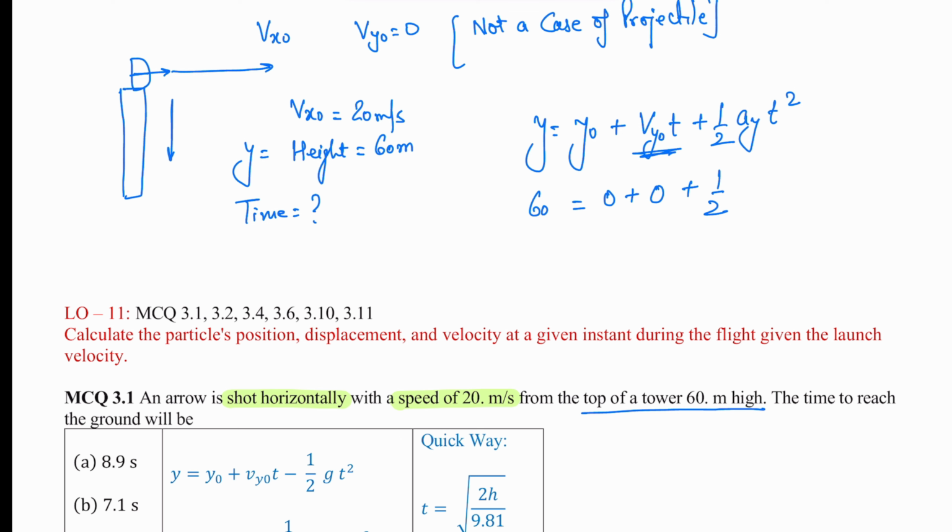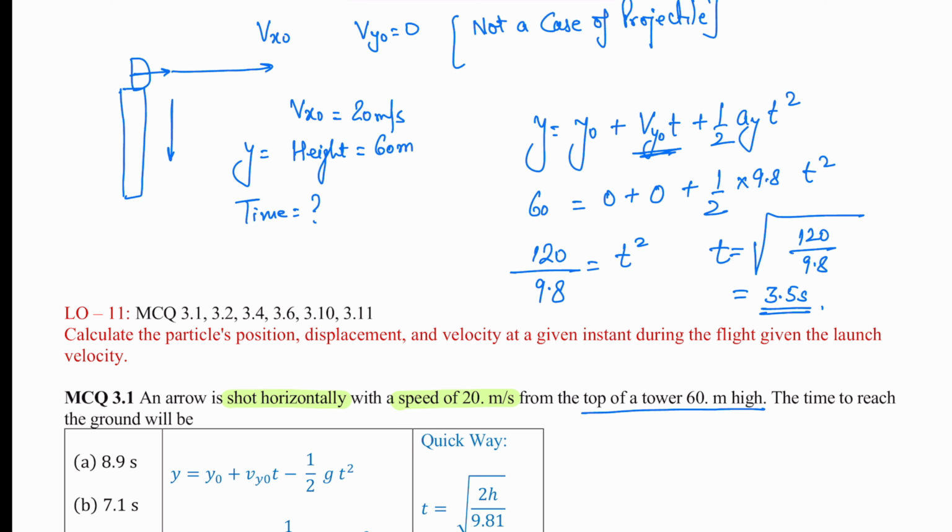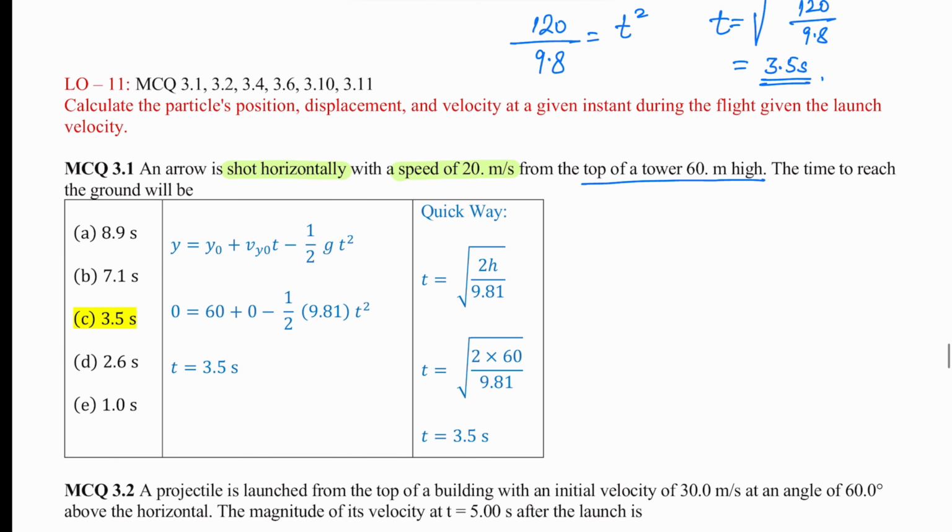So can I say positive 9.8 t square? So 120 divided by 9.8 is equal to t square. T is equal to root of 120 divided by 9.8. Put it in the calculator and your value is 3.5 seconds. Clear? Fine. 3.5 seconds.